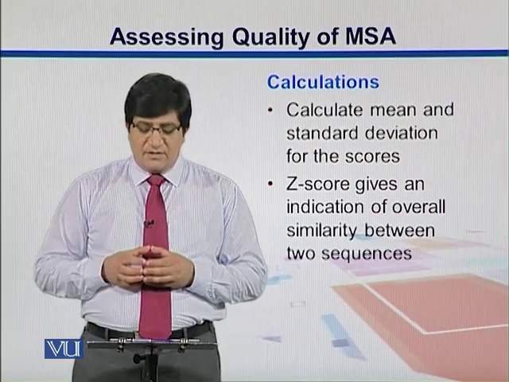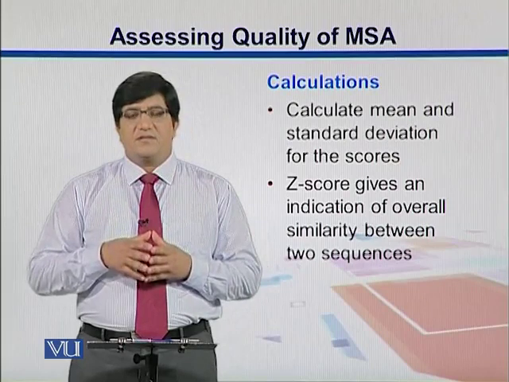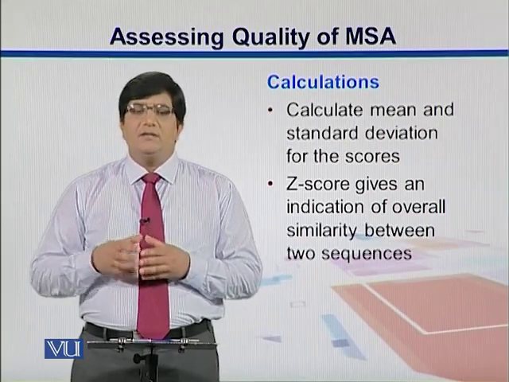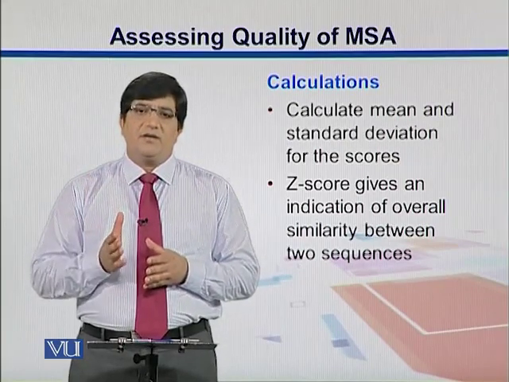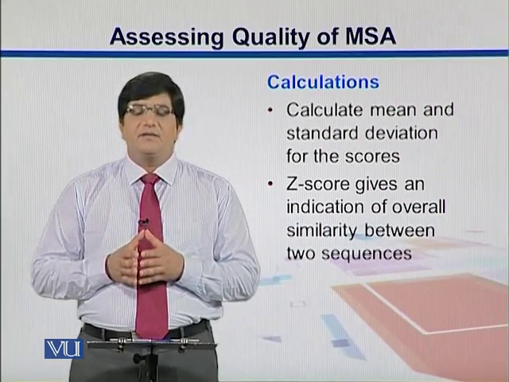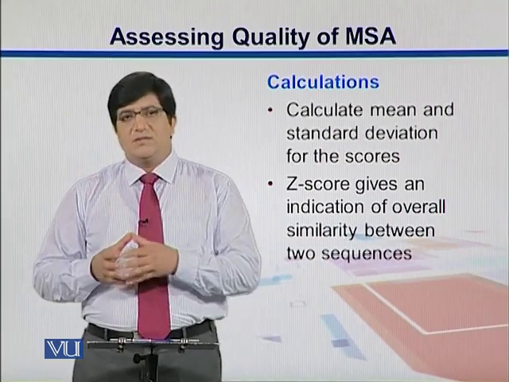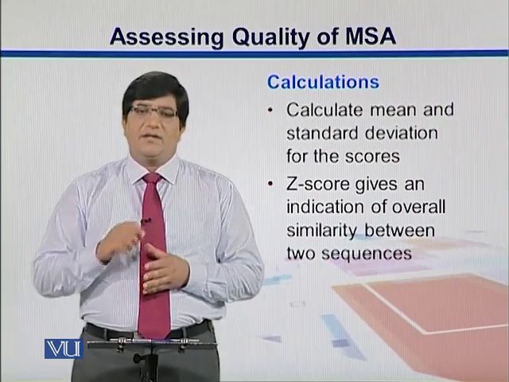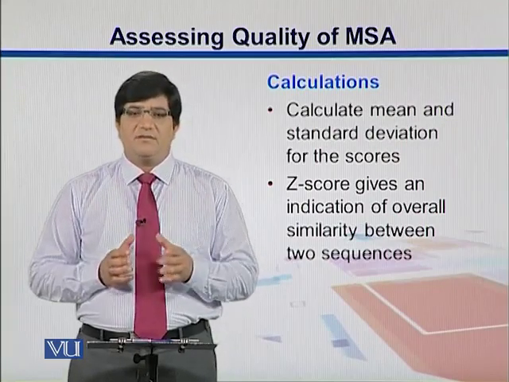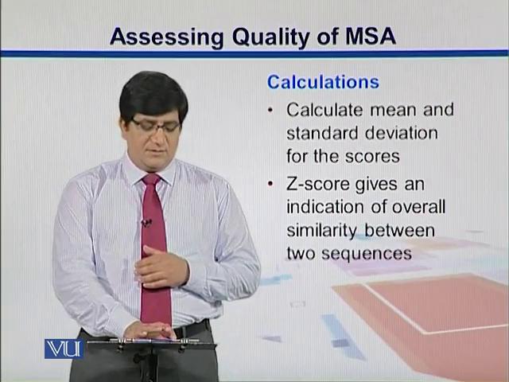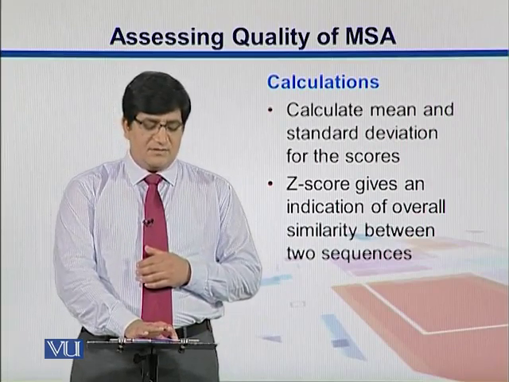Then we can come up with Z scores, and we take our real alignment and see where it falls on the curve of these scores, while taking the mean of the randomized alignments in the middle of this distribution. So we do that hypothesis testing.